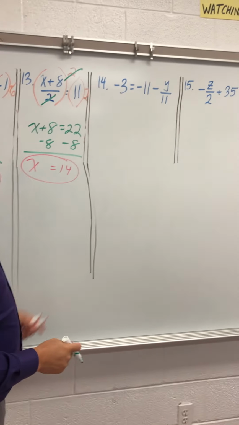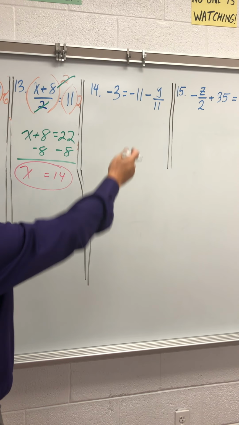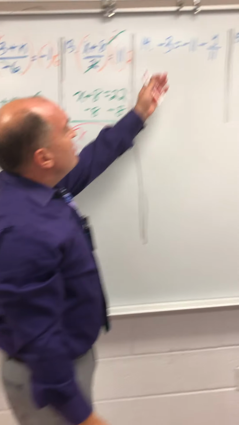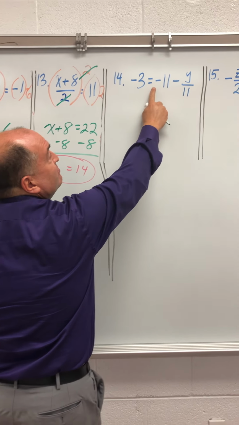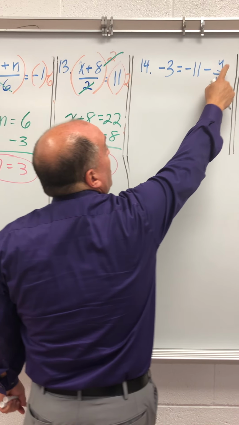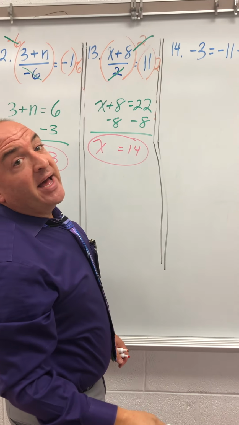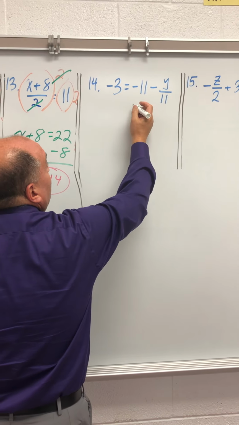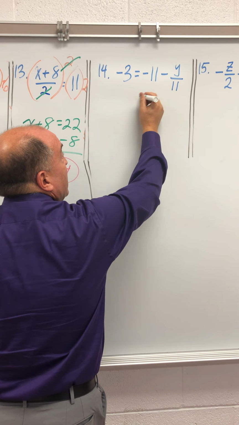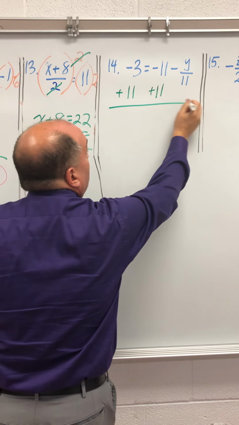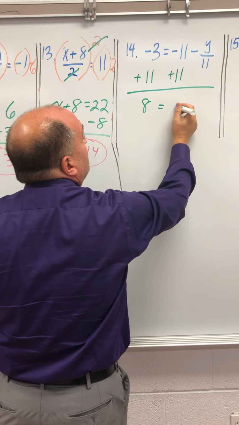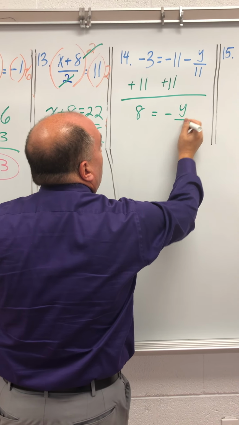What's this? Ugliness. Look at the letter on the right and all these minuses. Okay, just deal with it. I'm going to deal with this minus 11 first because I want the letter all by itself. So I'm getting rid of minus 11 by plussing 11, right? I get 8 equals negative y over 11.